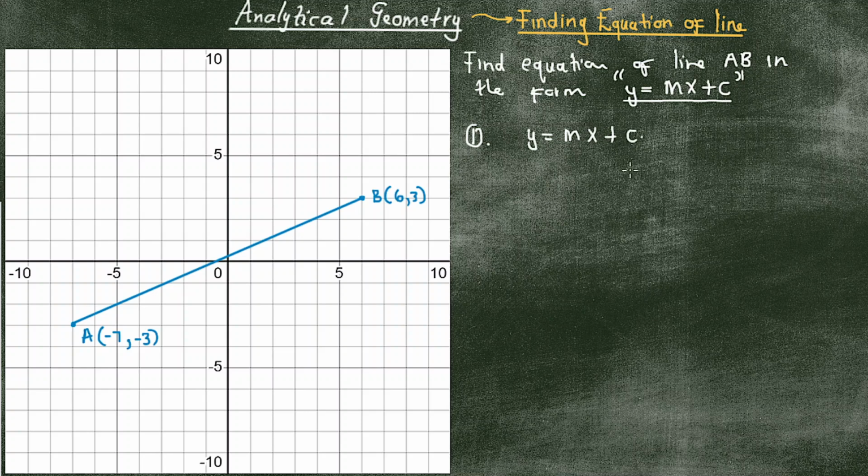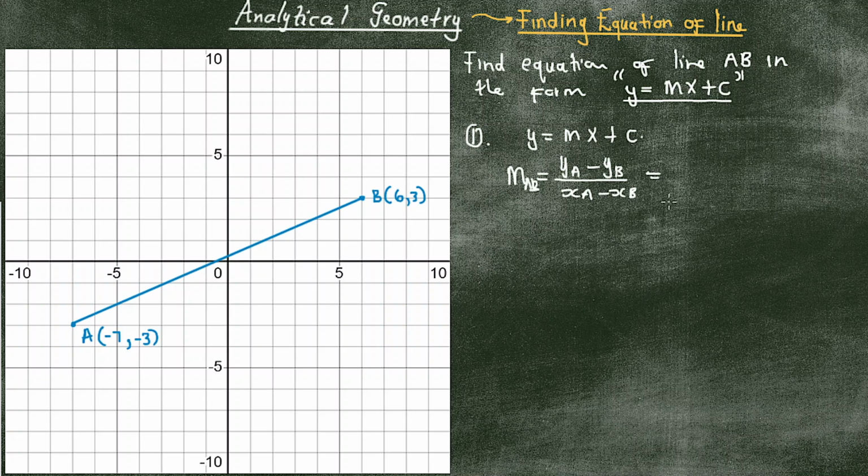So the first thing I'm going to do, of course, is get the gradient. I'm going to say m is equal to gradient AB, which is equal to ya minus yb over xa minus xb.